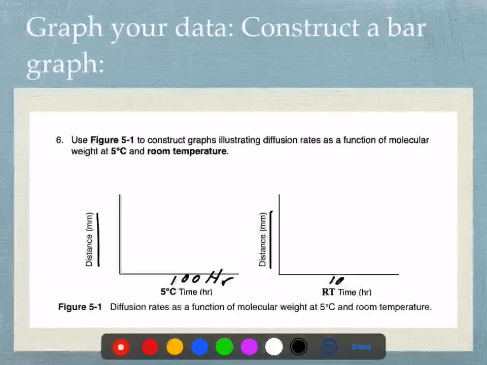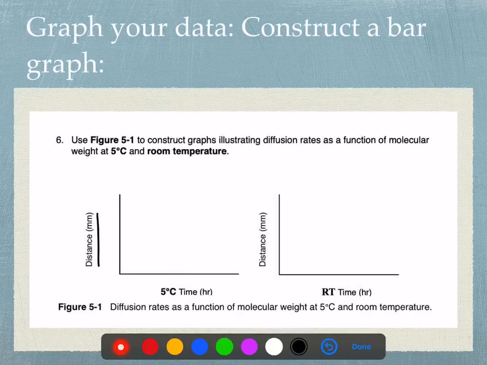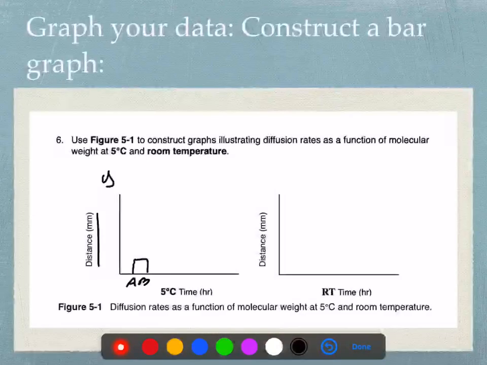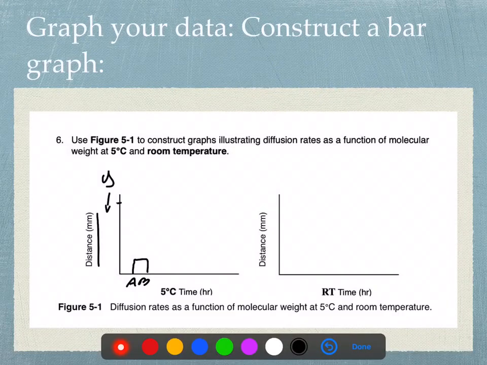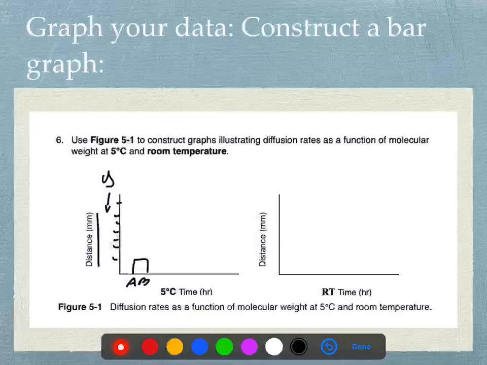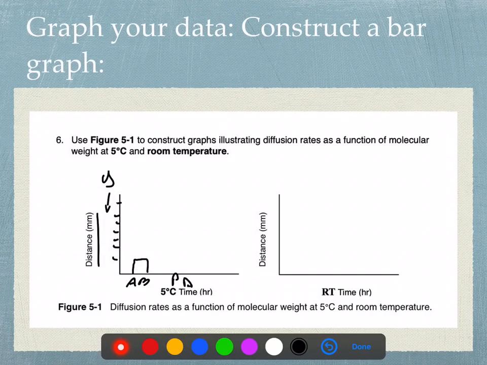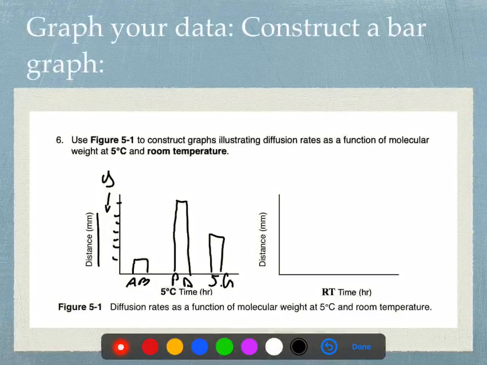So you should have something like this. Let me clear up my y-axis here. You should have something like, okay, aniline blue, how far did that guy travel? And it might have traveled that far. Now you're going to have to fill in your y-axis here with the appropriate measurements. And then potassium dichromate, PD, maybe that one traveled farther. And then Janus green, you should have it somewhere like that, right?